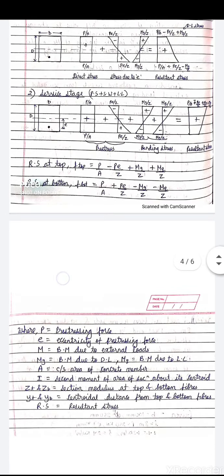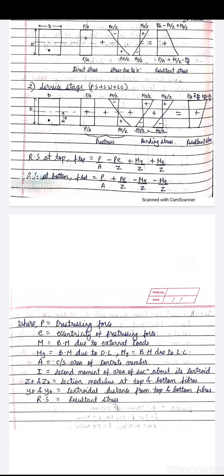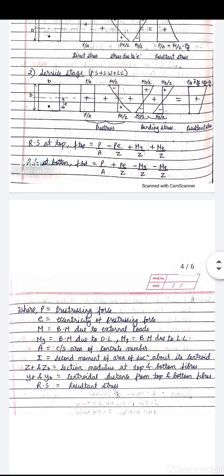So I'll just explain the terms involved in these equations. P is nothing but your pre-stressing force, E is the eccentricity of the pre-stressing force from the neutral axis, Mg is the bending moment due to dead load, Mq is the bending moment due to live load, and M is your total bending moment due to loads.